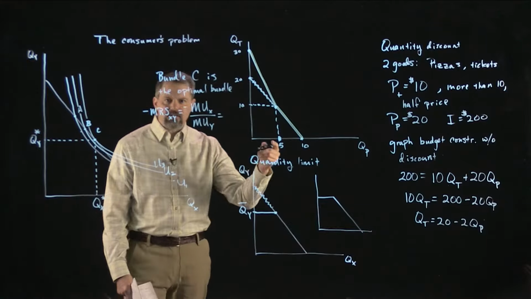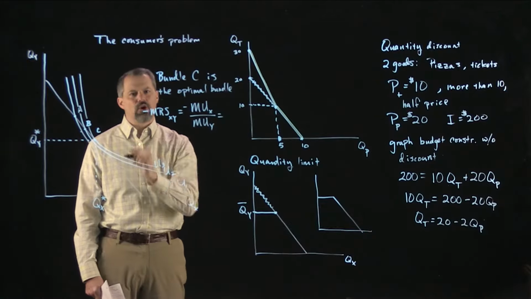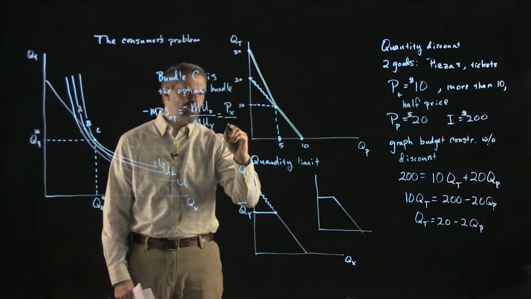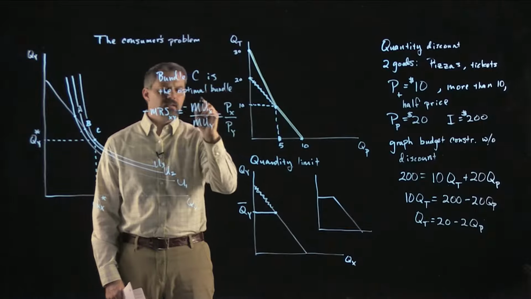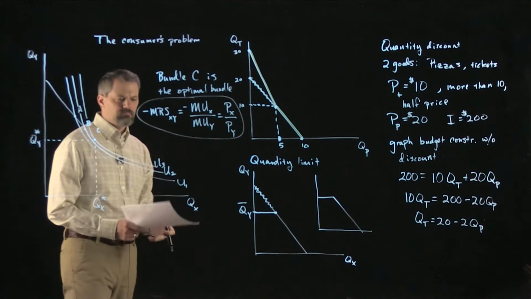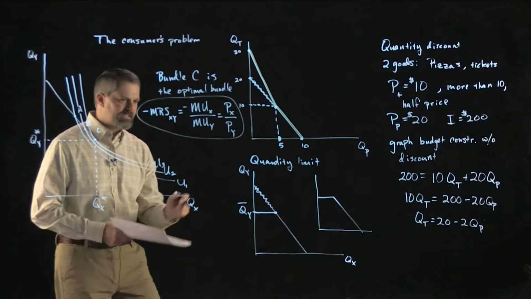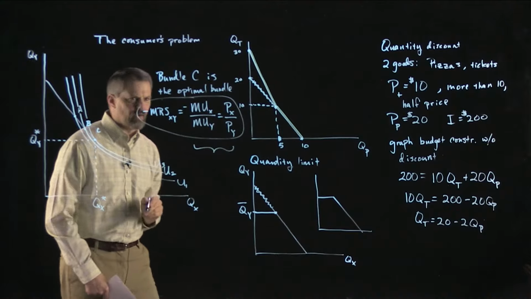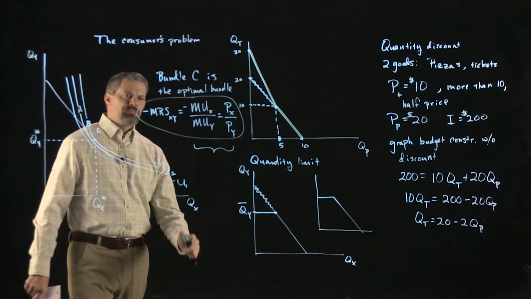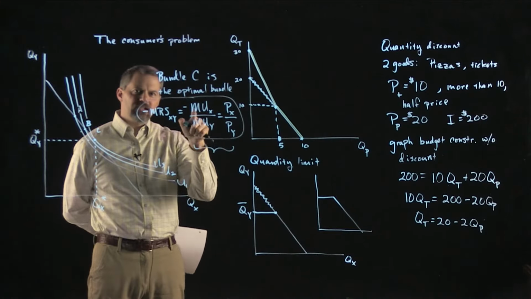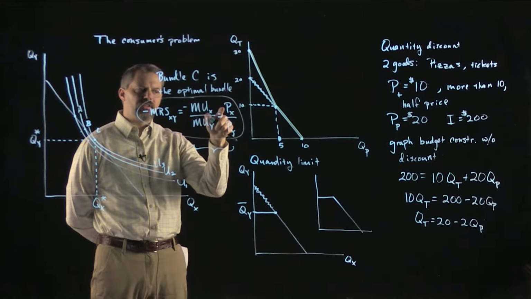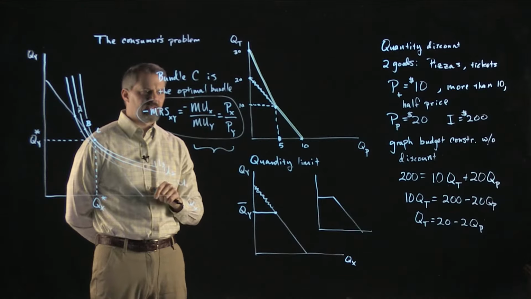And if you think back just a little bit ago, we talked about what the slope of the budget constraint was, and it was the price of good X divided by the price of good Y. This is important. Really, it's this portion of it that is most important. At the optimal point, the ratio of the marginal utilities will be equal to the ratio of the two prices. We call this the relative price of good X.